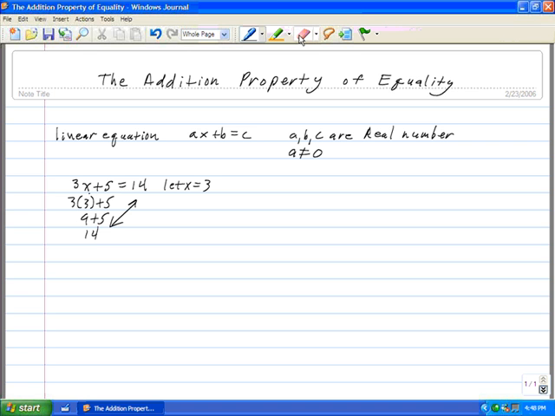Now the way we solve these equations is to come up with equivalent equations from the equation that we are given.